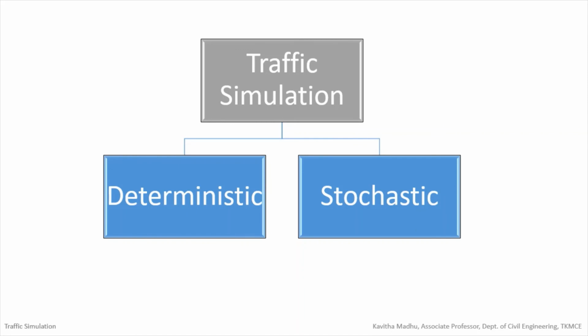If all these situations happen, they may occur or may not occur. So there is a kind of random situation arising there, which we can model by means of probability functions. So that is stochastic. The real life condition is modeled by means of stochastic traffic simulations. That is the basic difference between deterministic and stochastic traffic simulation.